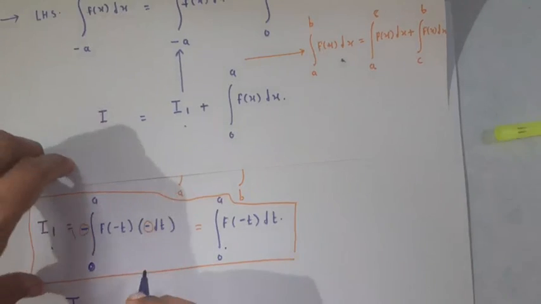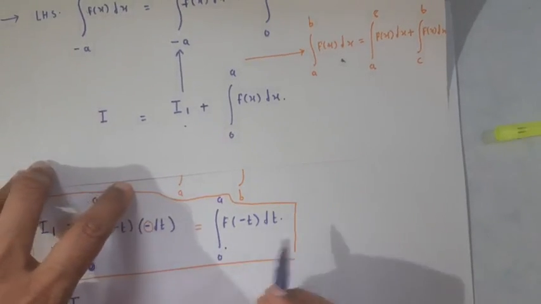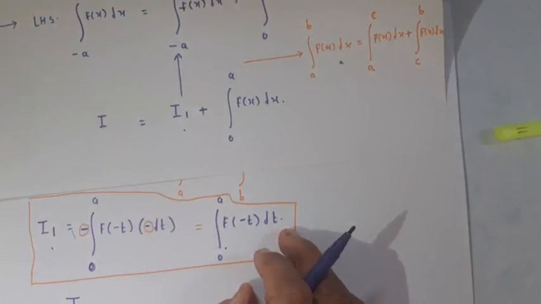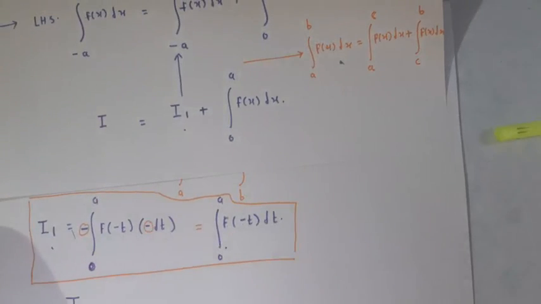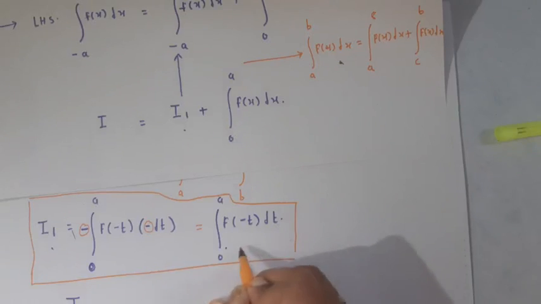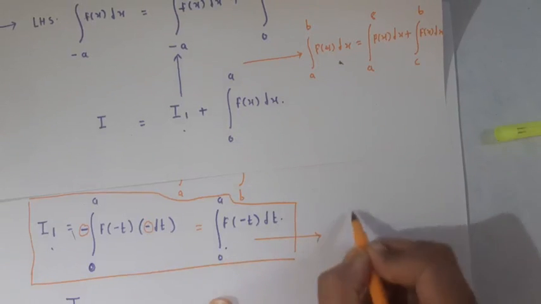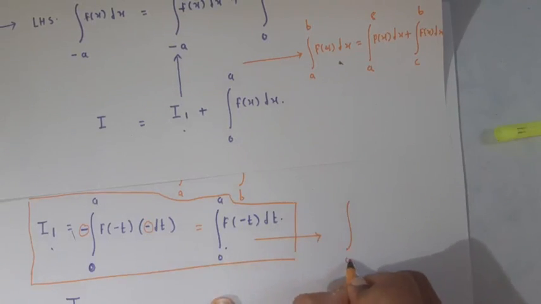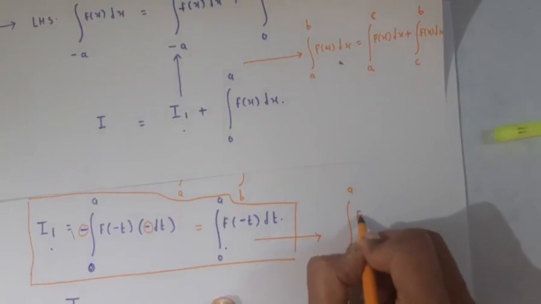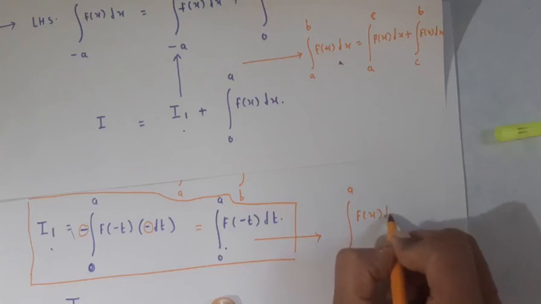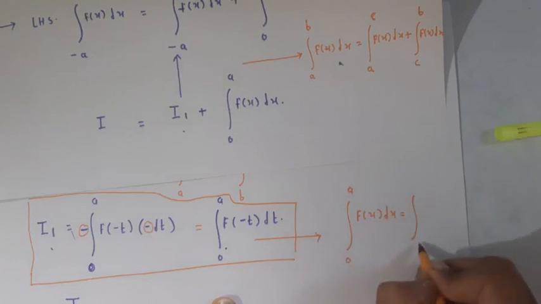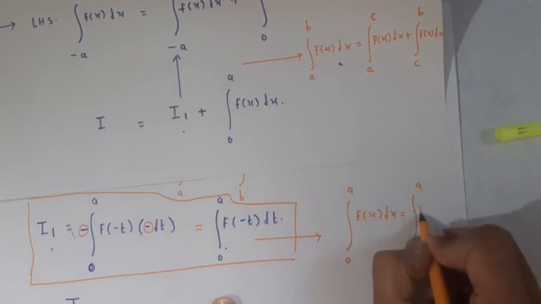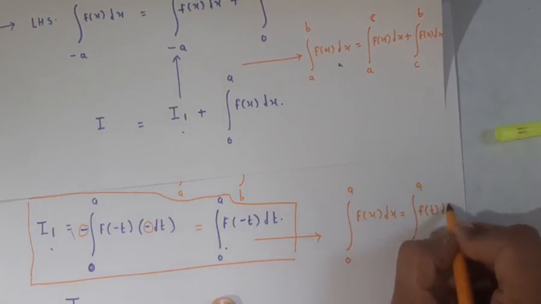But see students, this f of t, again by using the property that integration 0 to a of f of x dx equals 0 to a of f of t dt.